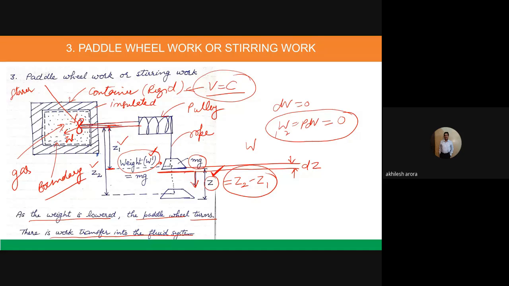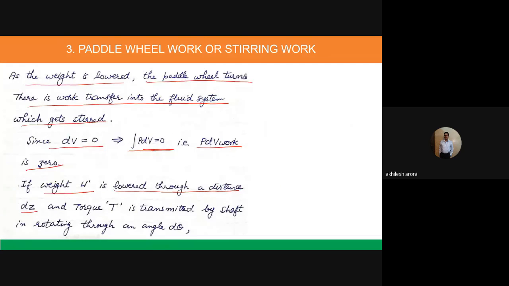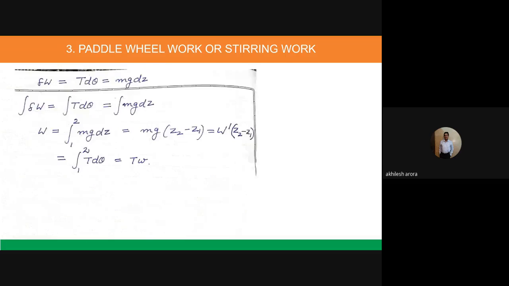Let us see it here. If W dash, which is equal to m into g, is lowered through a distance dz, and torque T is transmitted by the shaft in rotating through an angle d theta, then what is the value of delta W?